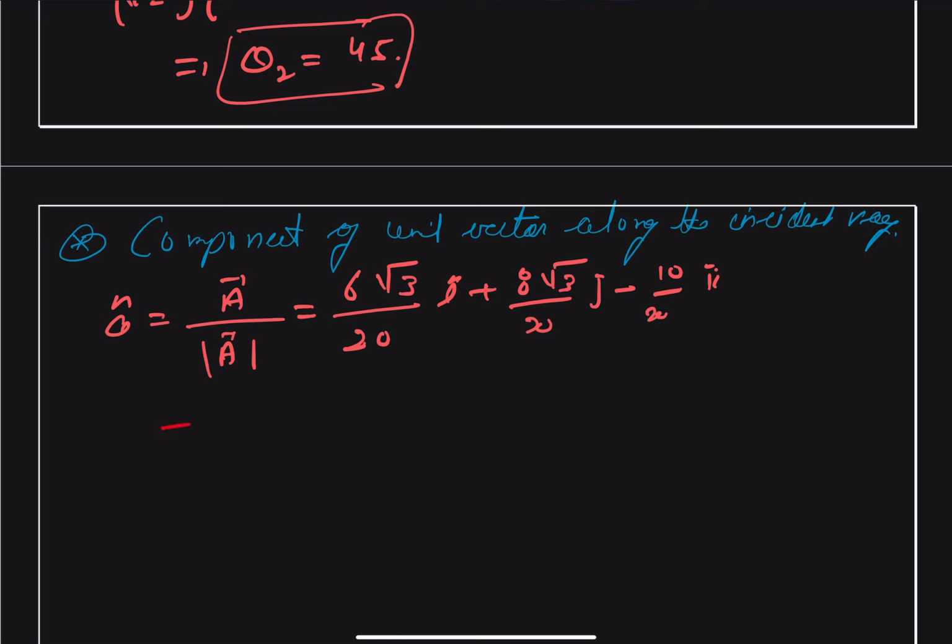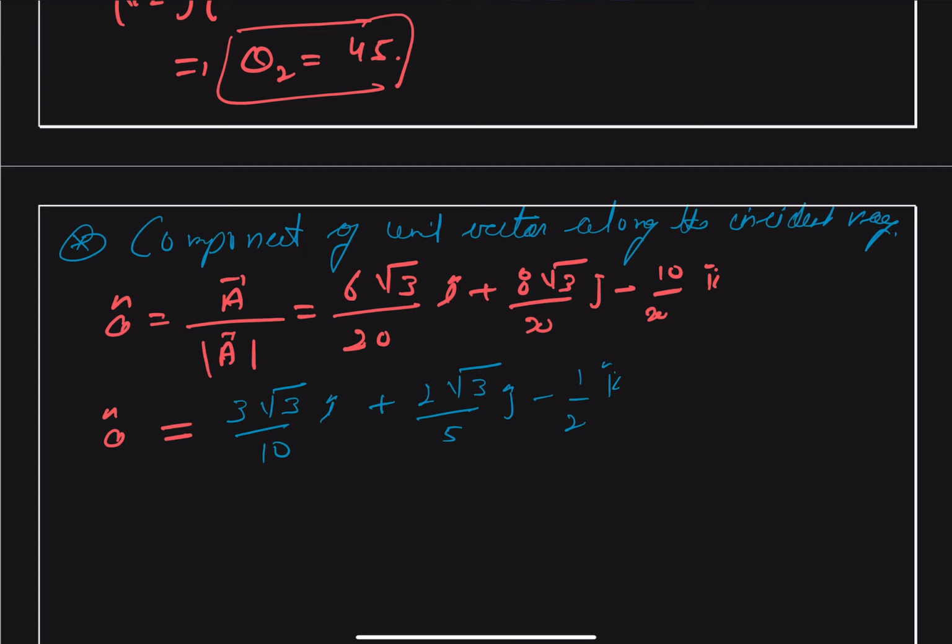So the unit vector A will be equal to 3 root 3 divided by 10 i unit vector, plus 2 square root of 3 by 5 j unit vector, minus 1 by 2 k unit vector.